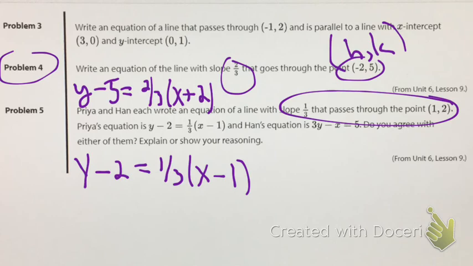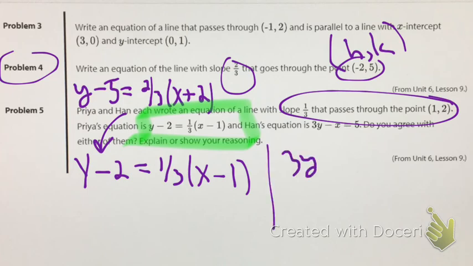Priya says, there's my equation. Ding, ding, once again. Winner, winner, chicken dinner. So Priya wrote the same equation we just did. Got it. Check. Done. But then Han says, ho, ho, ho, no go. He says, I got 3y minus x equals 5.